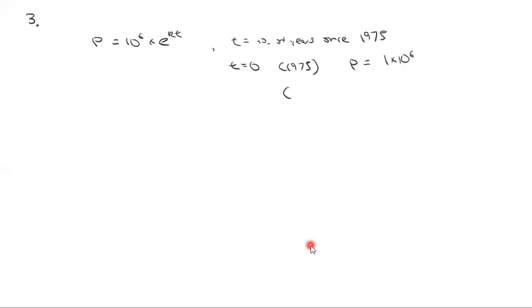And at the beginning of 1985, what T is that? 2.5 million, well, that's the population. But what's the T? Oh, 10. Right. So that's what we know. So basically, part A asks us to find K.